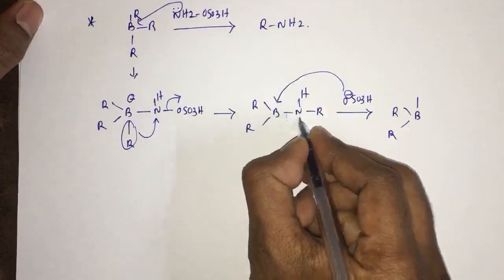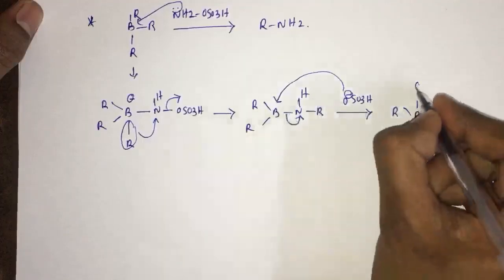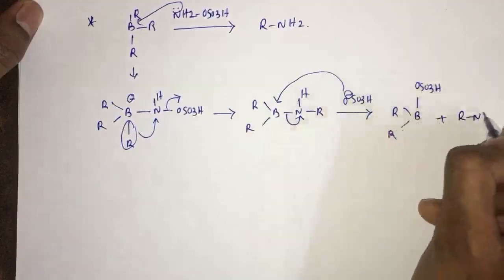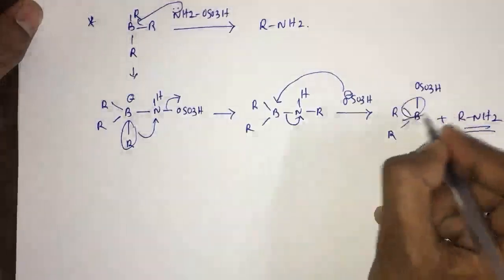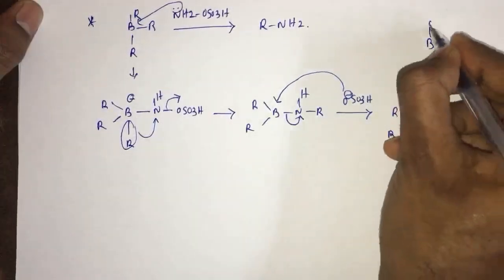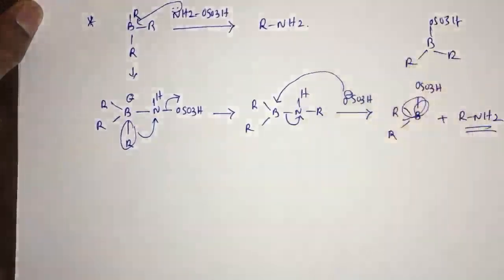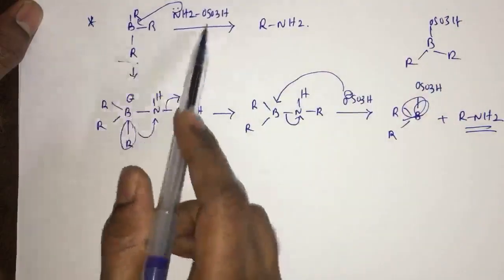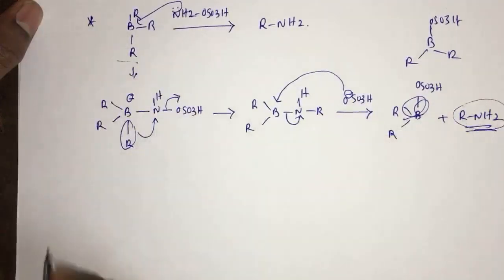This bond moves onto the nitrogen, giving OSO3H plus RNH2. So this is the mechanism. This one has to exist like this, OSO3H, because of the tetrahedral geometry. So when we treat alkyl boranes with amine substituted compounds, we'll get amines.